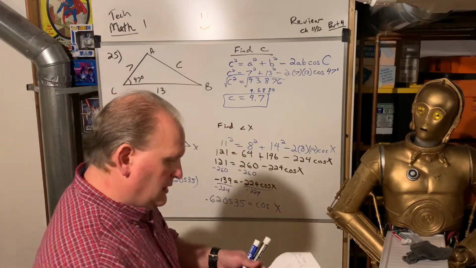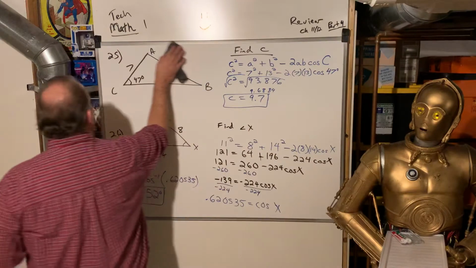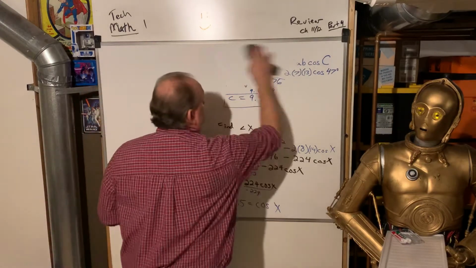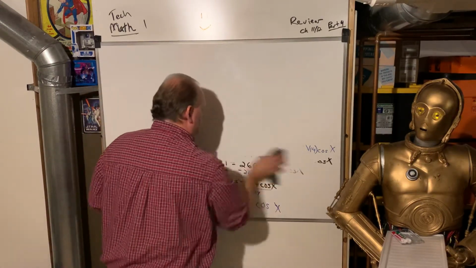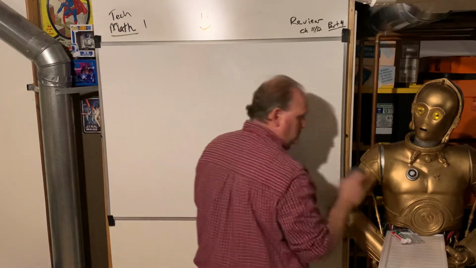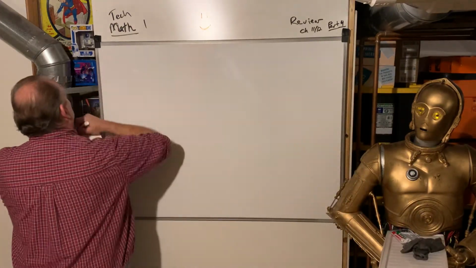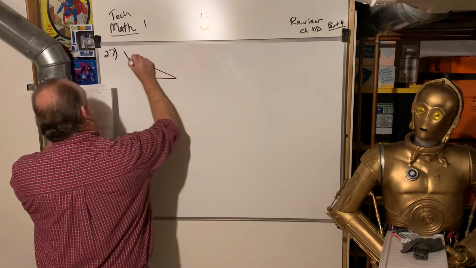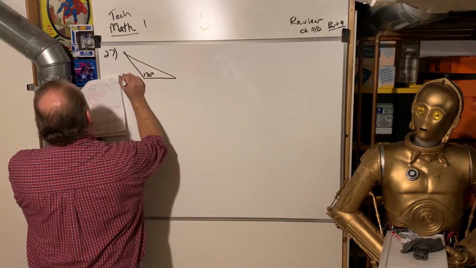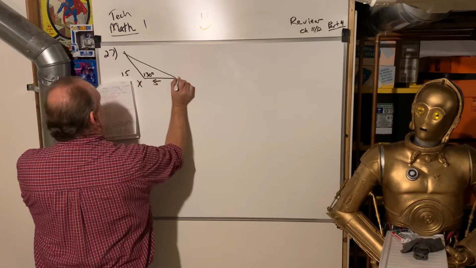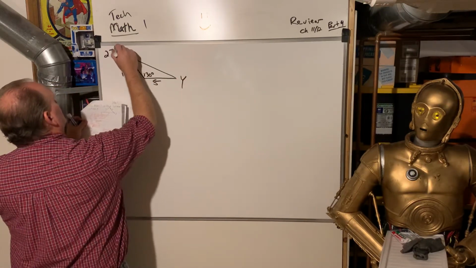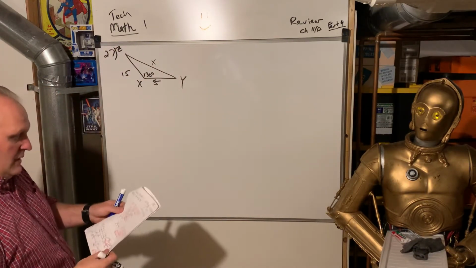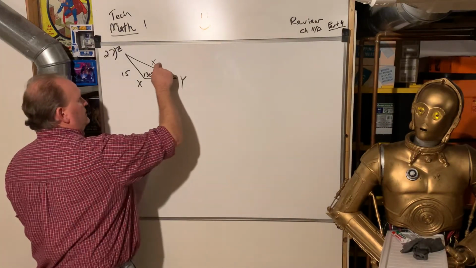All right. Let's look at 27 and 28. So 27. 130 degrees, 15, 5, x, y, and z, and a little baby x across from it, and they want us to find little baby x.